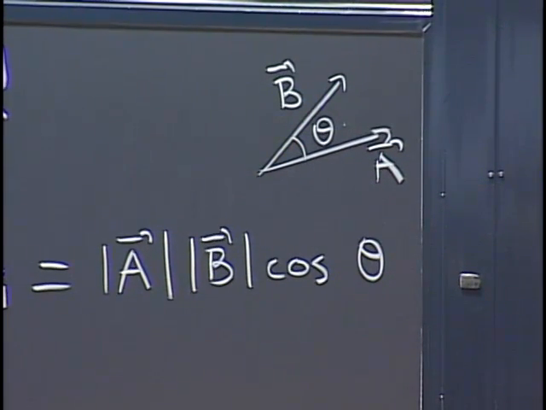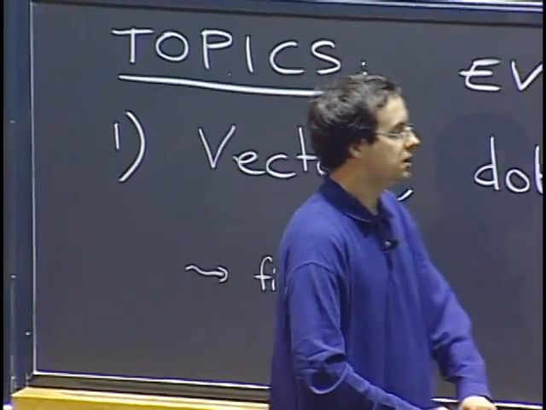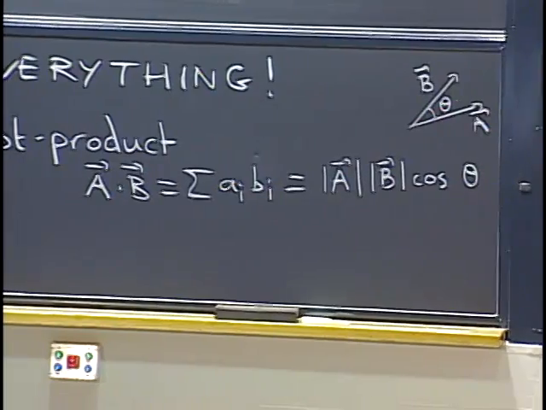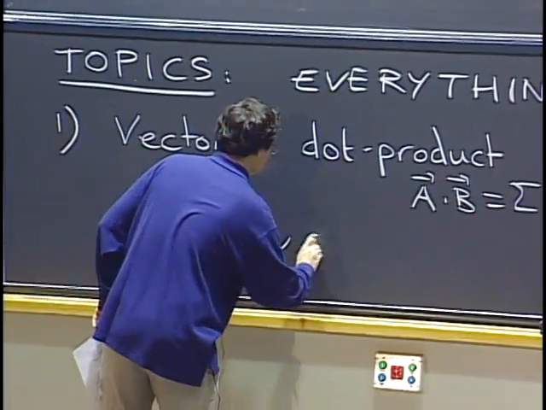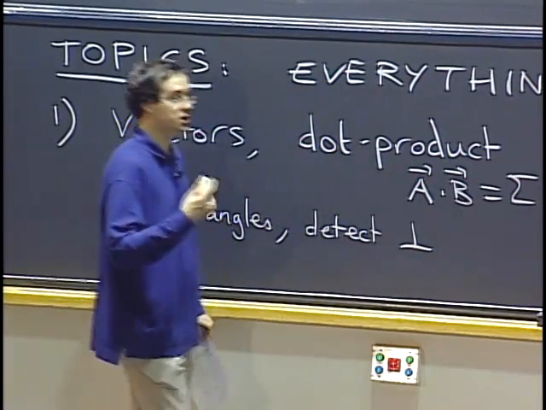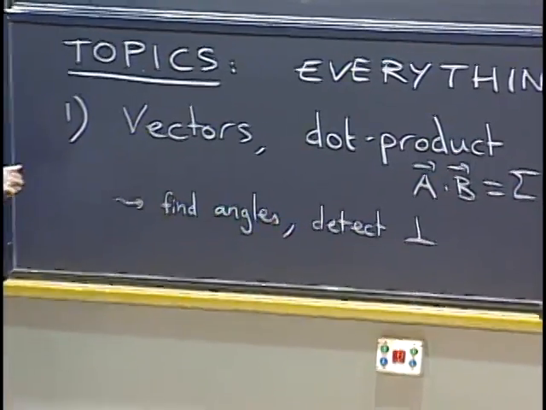In particular, we can use dot product to measure angles by solving for cosine theta in this equality, and most importantly, to detect whether two vectors are perpendicular to each other. Two vectors are perpendicular when their dot product is 0. Any questions about that?